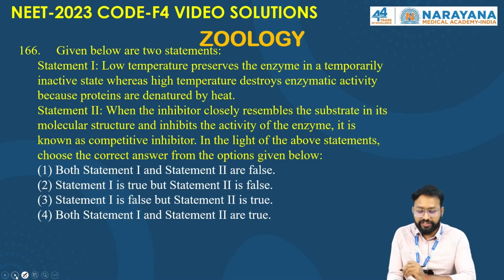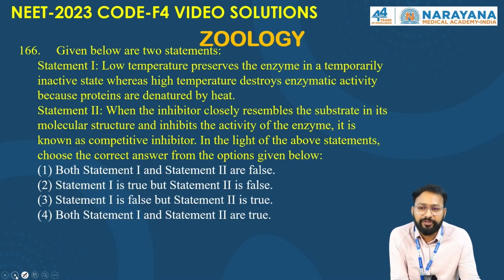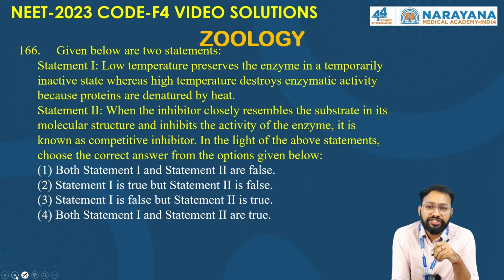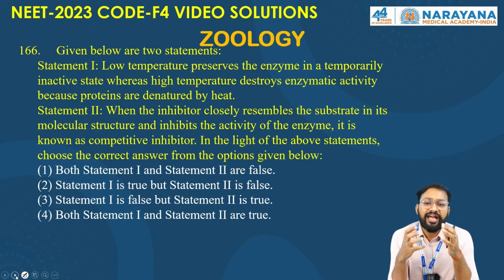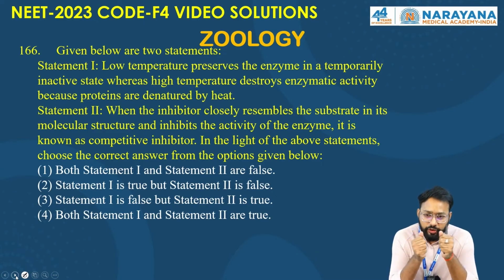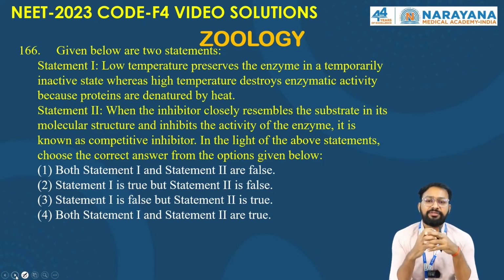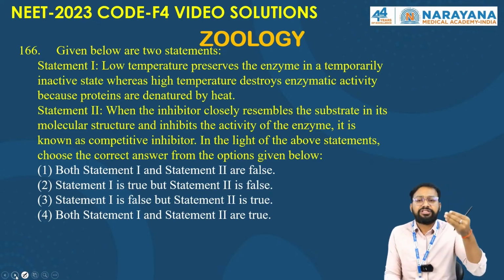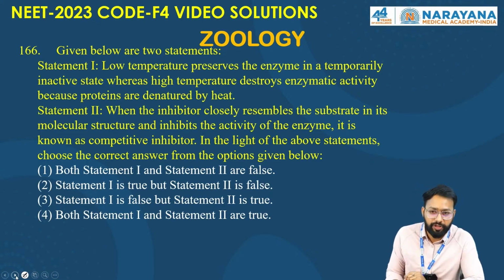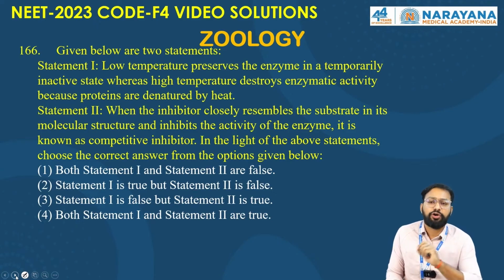Moving further to the next question, statement 1 and statement 2 type. Low temperature preserves the enzyme in a temporary inactive state. We know that enzymes are biologically active proteins. Decrease in the temperature brings the bonds together, and as a result the enzymes become inactive. Under lower temperature, enzymes are inactive, and higher temperature will cause breakdown of the hydrogen bonds, which will lead to denaturation of the protein.